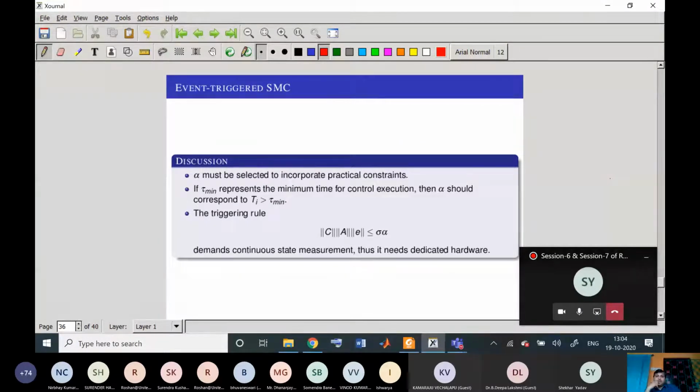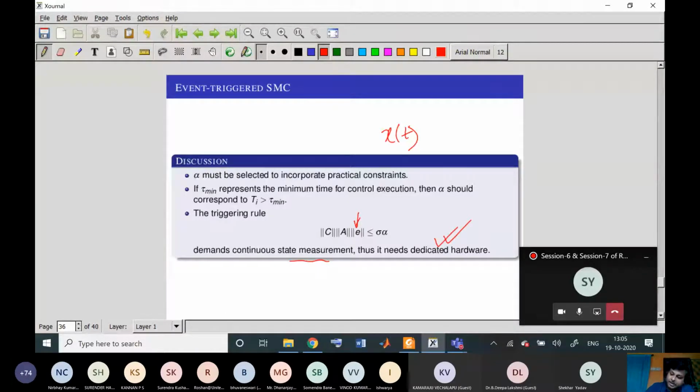Here we need a continuous measurement of the states, because you can see that it depends on e, and e depends on x of t. That's why to check this event condition, we need dedicated hardware.